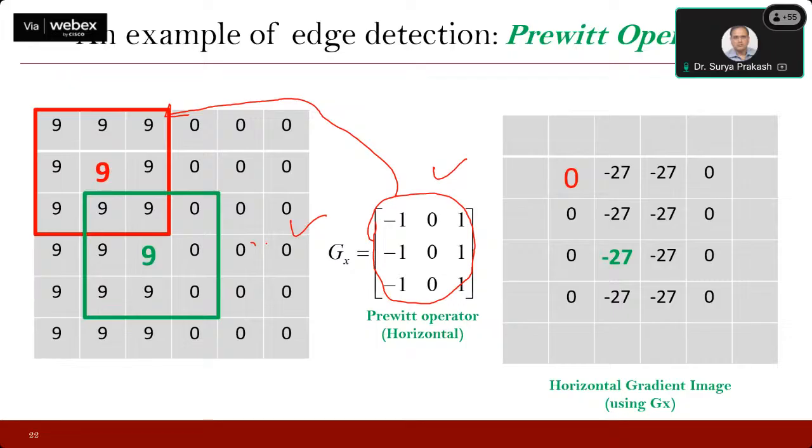So here, with respect to the first one, we are getting -27. Similarly, -217 you are getting when you consider this one.